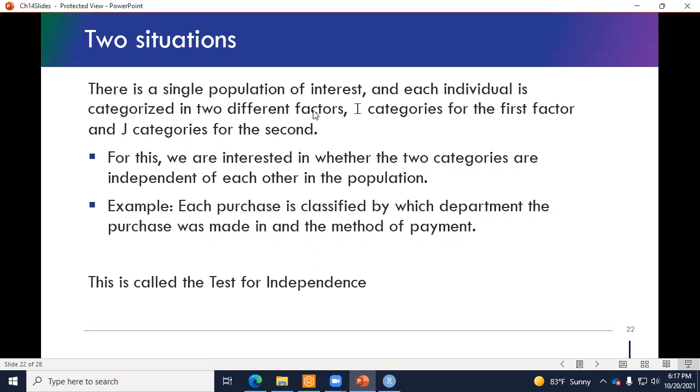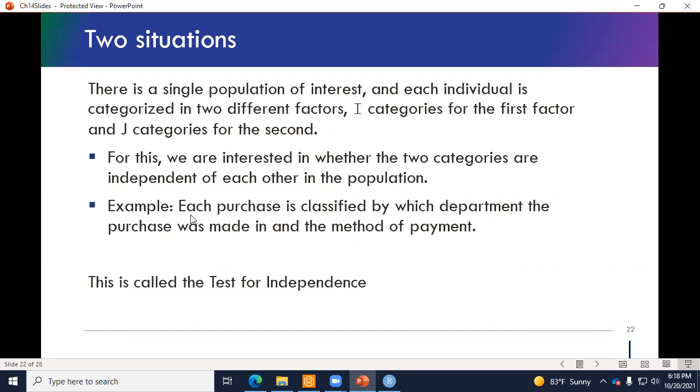The first factor on the rows has I categories, and the second factor has J categories. So it's still a two-way table. In this case, we're interested in whether the two factors are independent of each other or not.